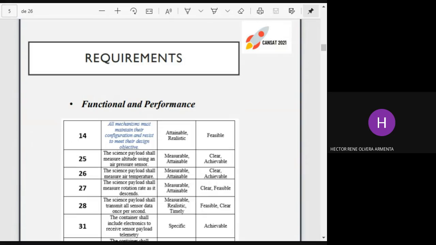So we can make various launches during the project to see if it is working in good conditions.